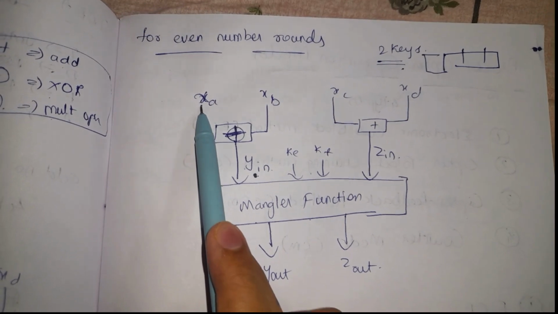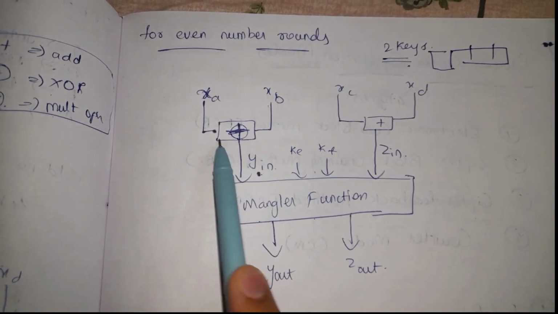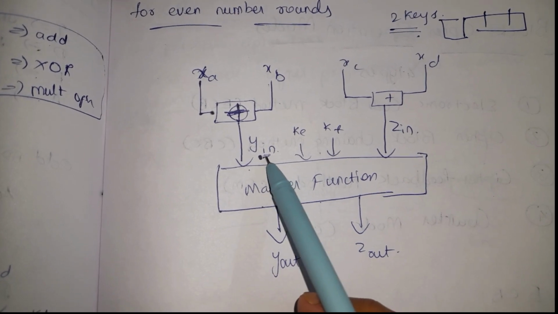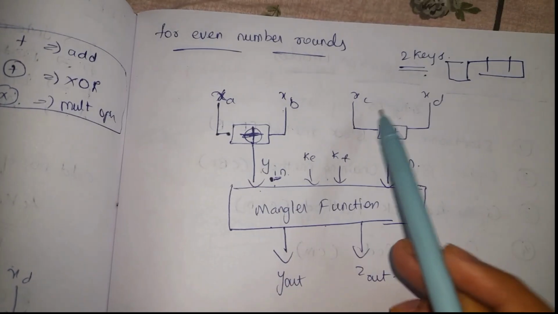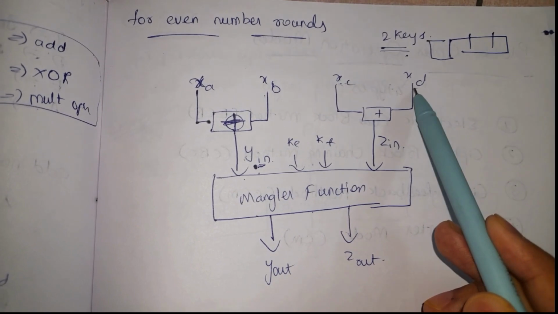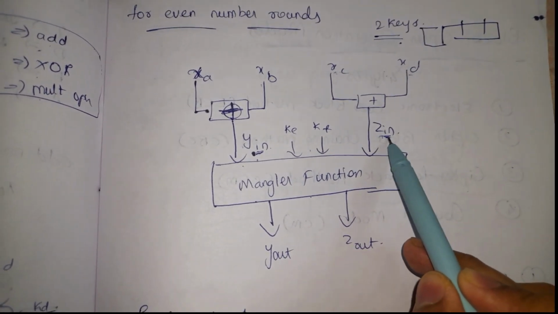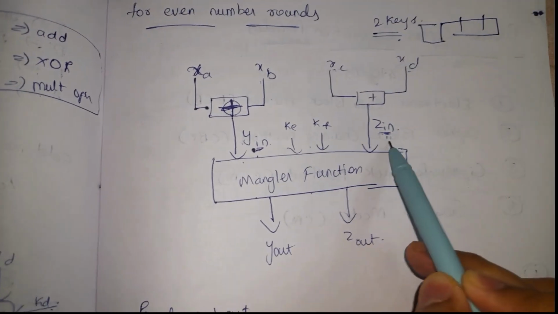At first the XA and XB blocks are combined together to form Y in. Y in represents the input of the first portion. XC and XD are combined and the output is represented as Z in. This represents the second portion.